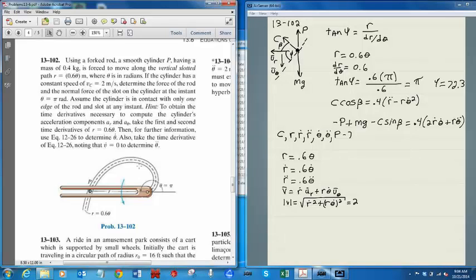So let's do that. We'll call this, I'm not sure what to call it, but anyway, we'll call it Q. So Q is going to equal speed squared. So that's equal to r dot squared plus r theta dot squared.